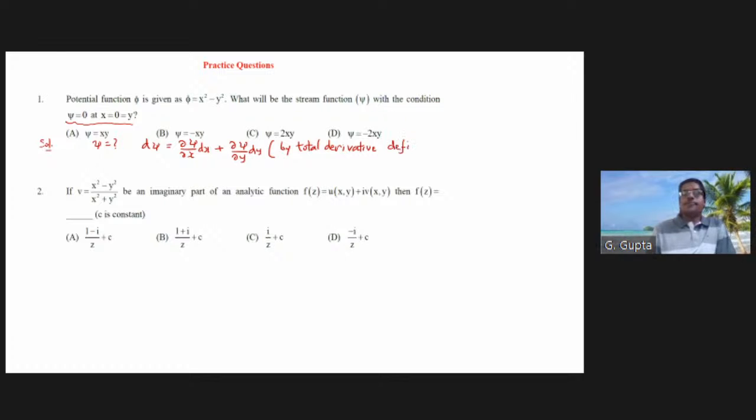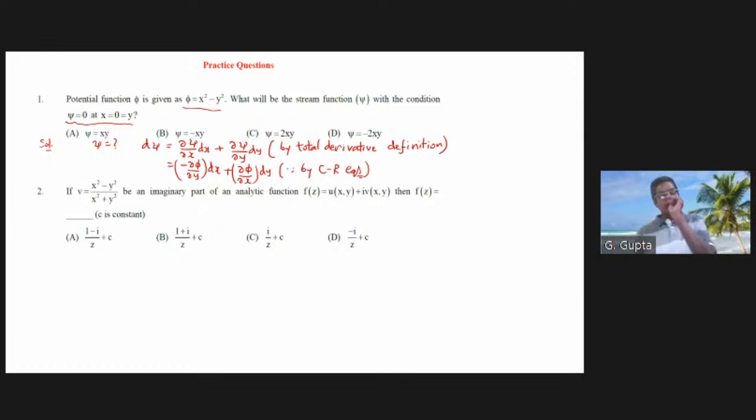So phi is given. Convert into phi partial derivatives with the help of the CR equation. Dou phi by dou x is dou psi by dou y. Dou phi by dou y is minus dou psi by dou x. So this is minus dou phi by dou y into dx plus dou phi by dou x into dy, by using the Cauchy-Riemann equation, just replacing phi by u and psi by v for better understanding.